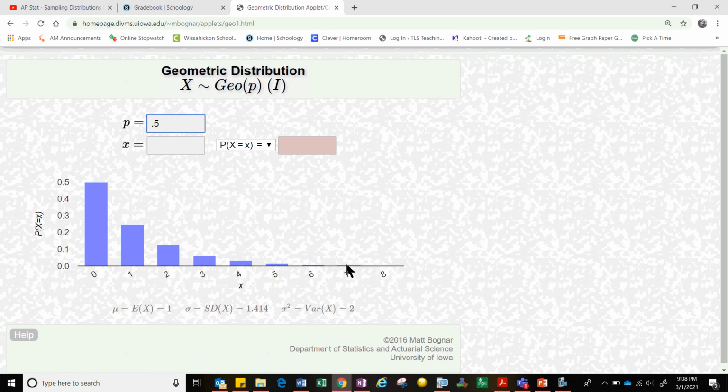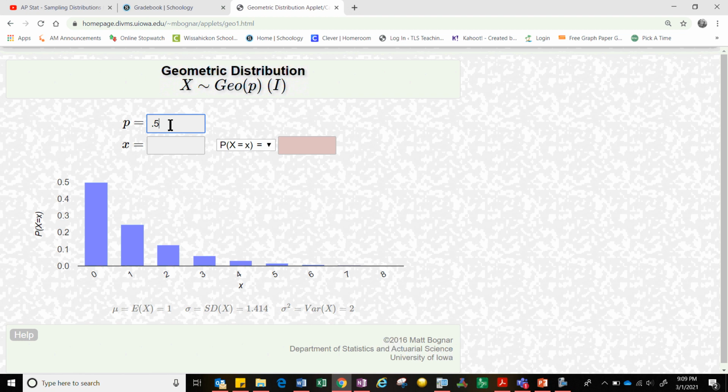I only have any meaningful areas. I can't even hover there, it's so tiny. But you can see the probability that x equals 6 is 0.0078. So these areas are really teeny tiny because the probability of success has gotten bigger. It went from 1/6 to now 1/2, right?